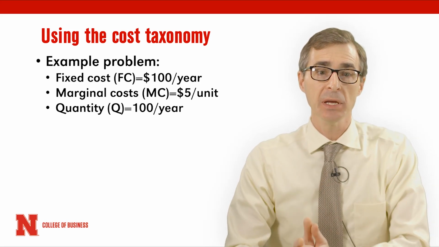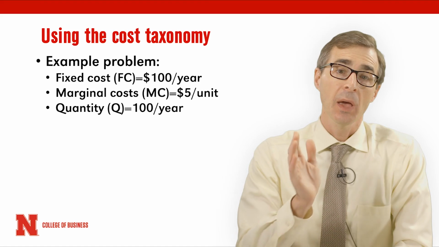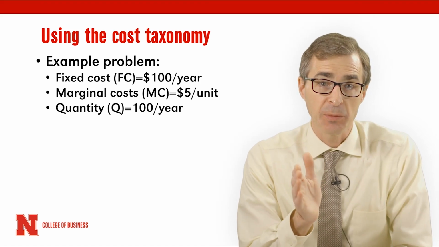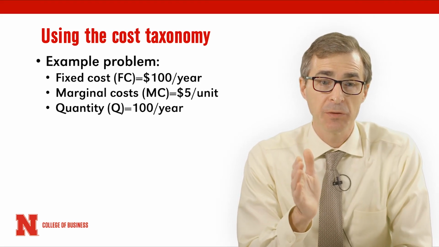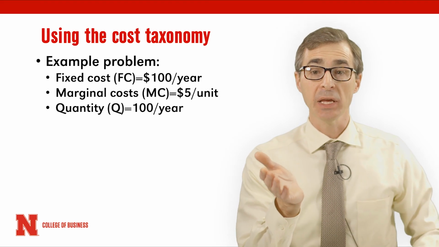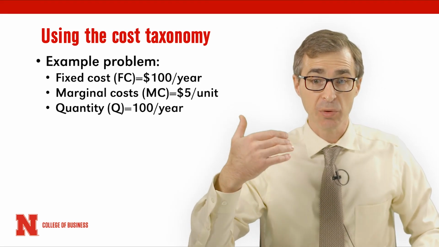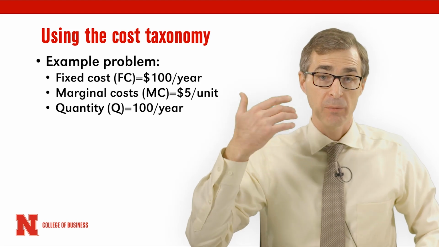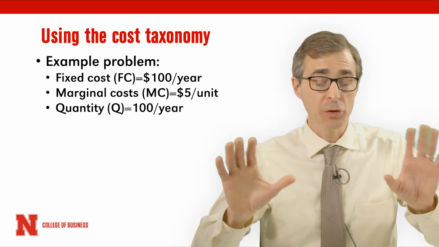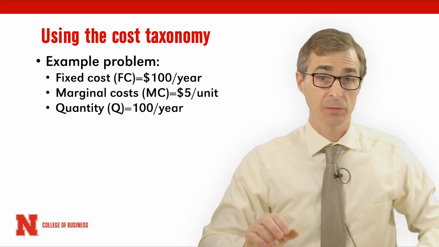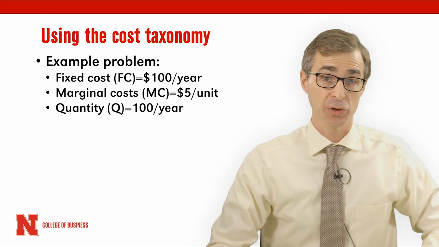So that would be an immediately avoidable cost. And the quantity that this firm expects to sell is 100 units. So we could ask, what is the break-even price for this particular scenario? Remember, we're going to use that break-even price to decide: do we shut this production down or do we keep producing?